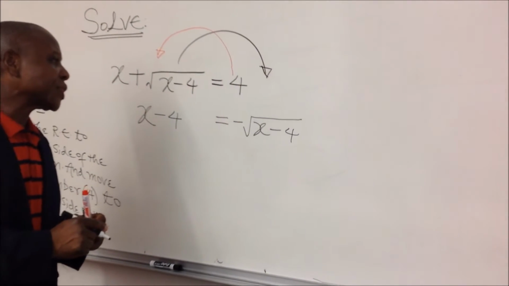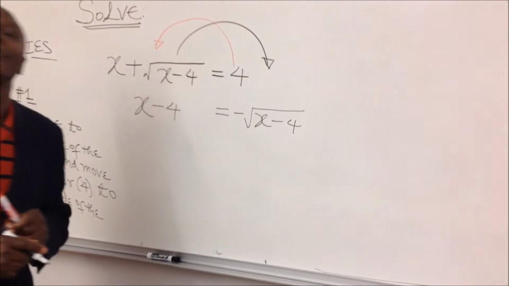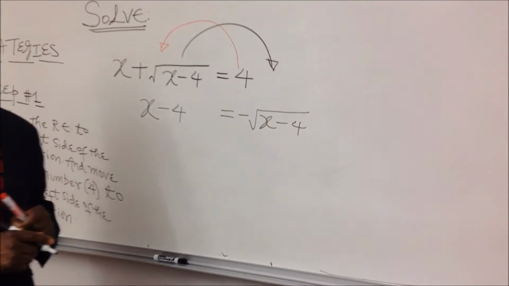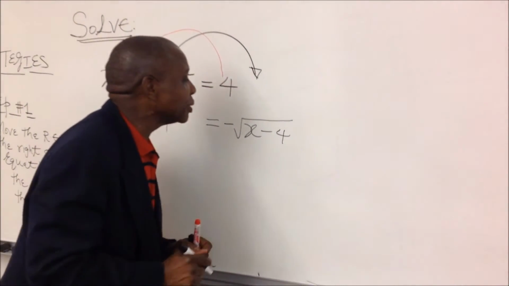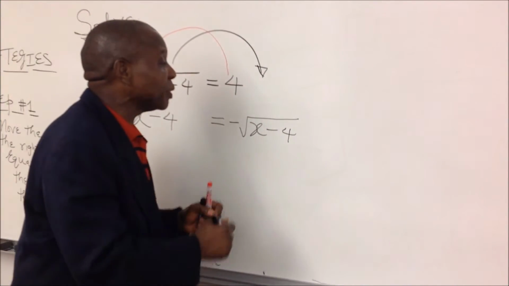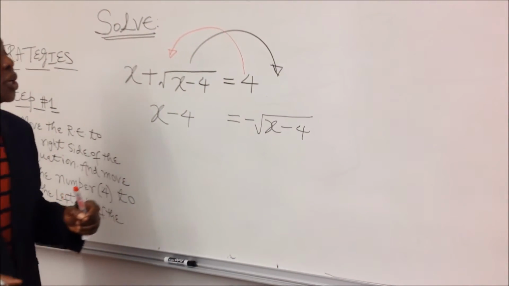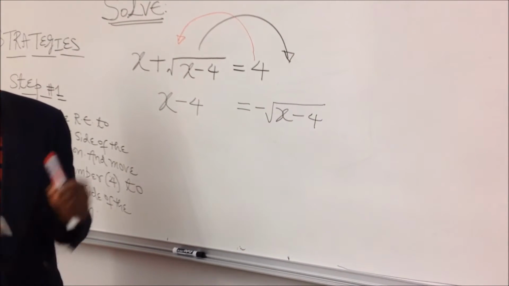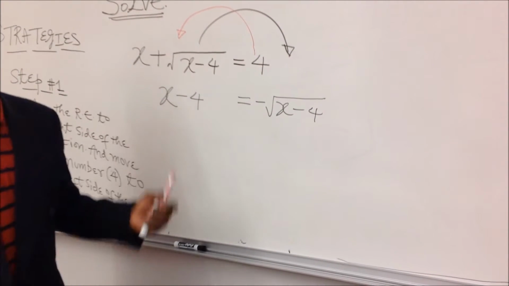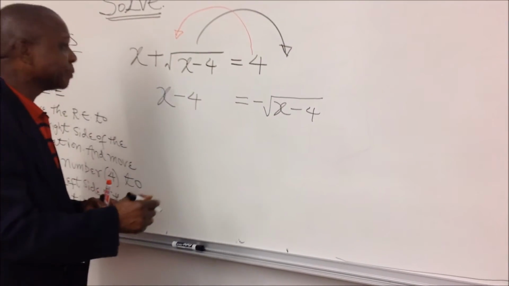The goal for our next step is to try to get rid of this radical symbol so that we can free the x minus 4 from the entrapment of the radical symbol, the so-called square root symbol. So how do we do this? What must we do? What will be our strategy?